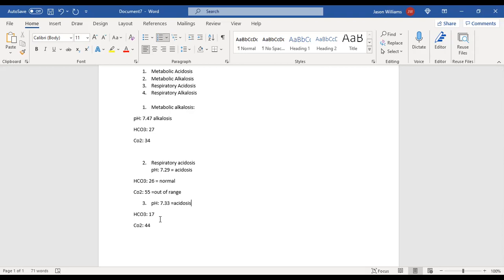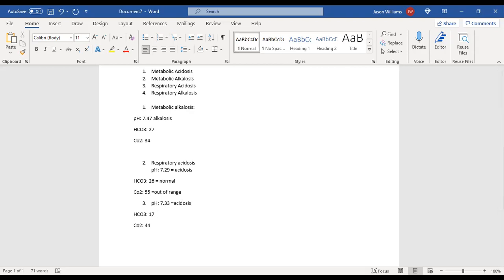Which one is out of range? The CO2 is within normal limits because it's 35 to 45. The bicarbs are not within normal limits. The normal range for bicarbs is 22 to 26, and this is way below 22, so the bicarbs are out of range.